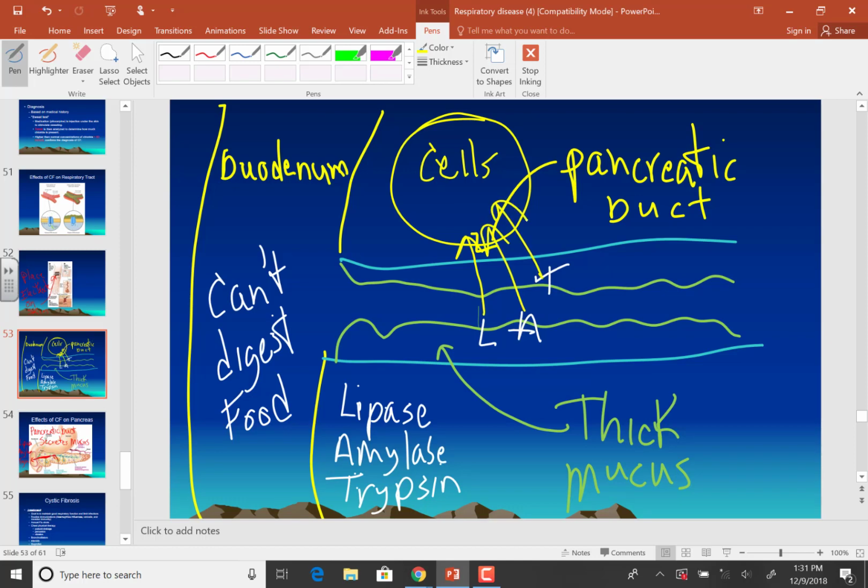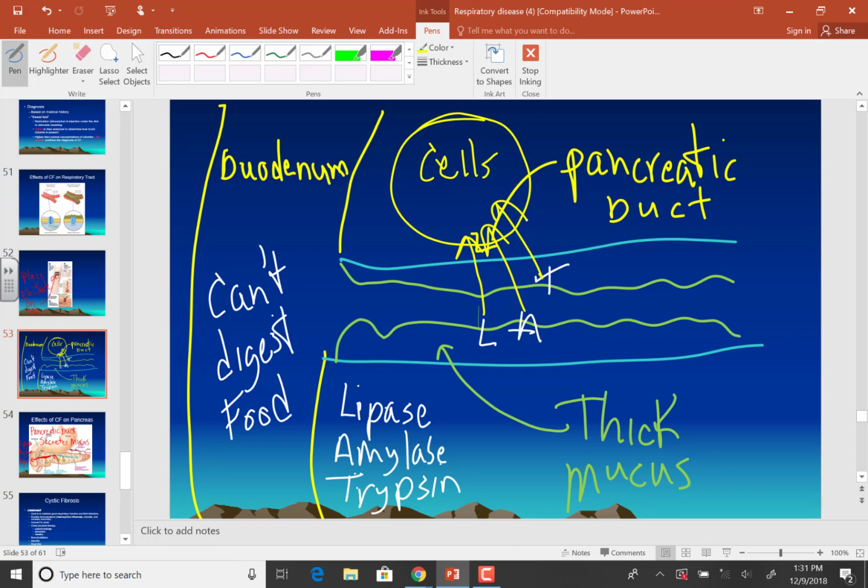And that will get replaced by scar tissue, and it will form cysts, and that's how cystic fibrosis was first discovered. It wasn't necessarily discovered in the respiratory tract, even though these people had respiratory problems, but it was identified in the pancreas because of the repeated pancreatic damage, and it was replaced with scar tissue.